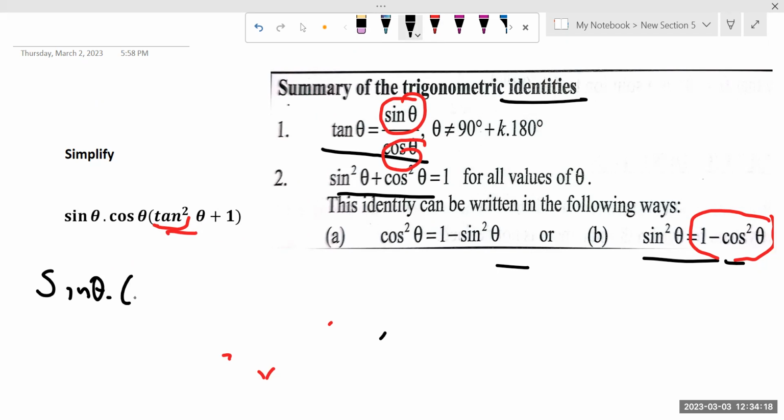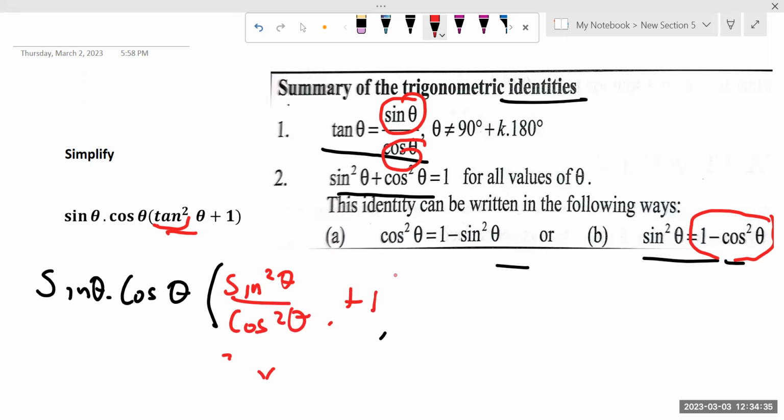sine theta multiplied by the cos of theta, open bracket, sine squared of theta all over the cos squared of theta plus 1. This is where we are.